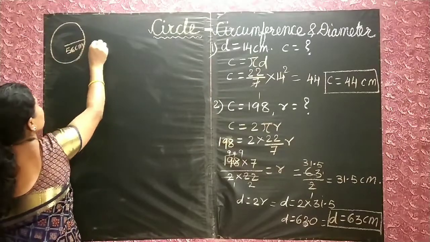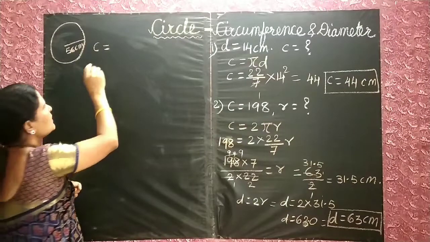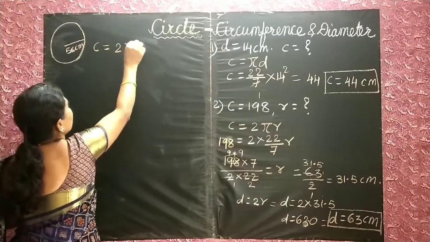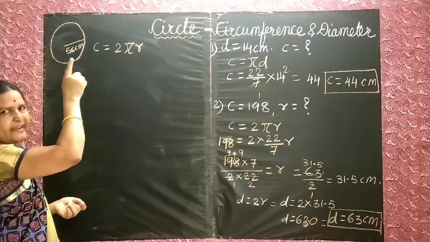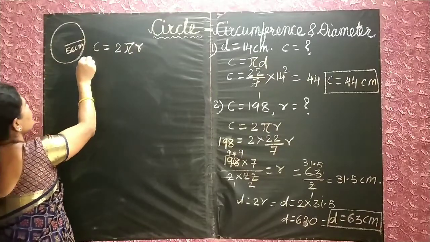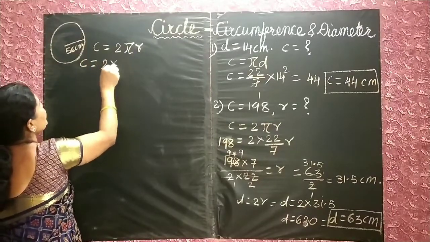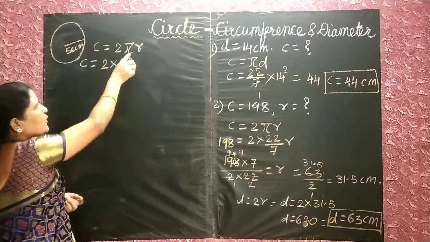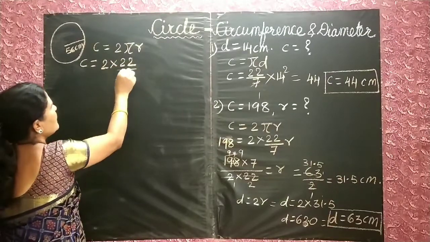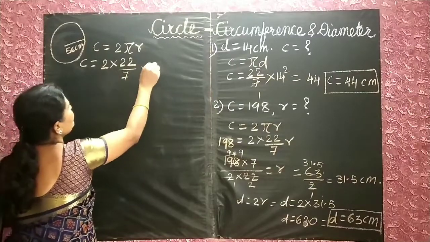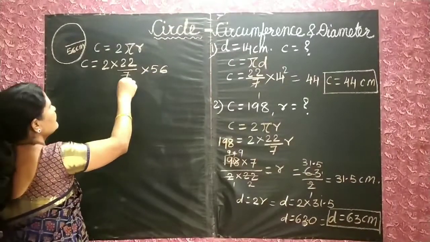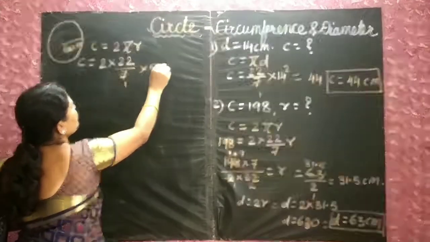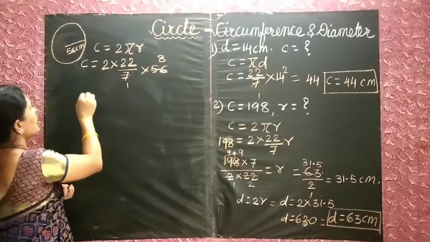The formula we know: circumference of the circle is equal to 2 pi r. The radius is already given. So circumference is equal to 2 multiplied by the value of pi, 22 upon 7, multiplied by 56. So 7 ones are 7, 7 eights are 56.